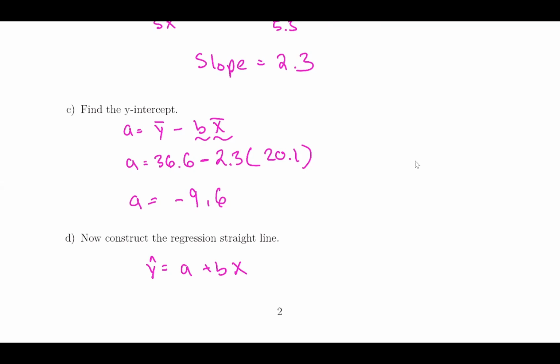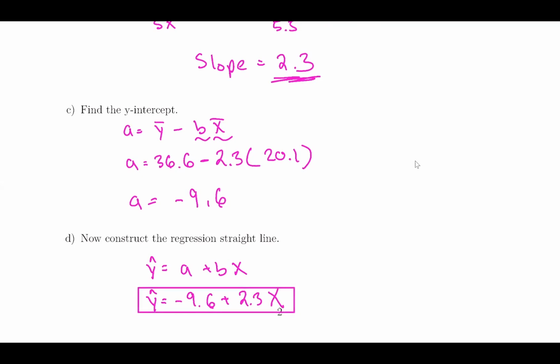For a, we found negative 9.6. So y hat is equal to negative 9.6 plus b, where b is 2.3, and make sure you put it next to the x. And we're done. So this is your answer. So if you look there, we got our linear regression line. Any question on the linear regression line?